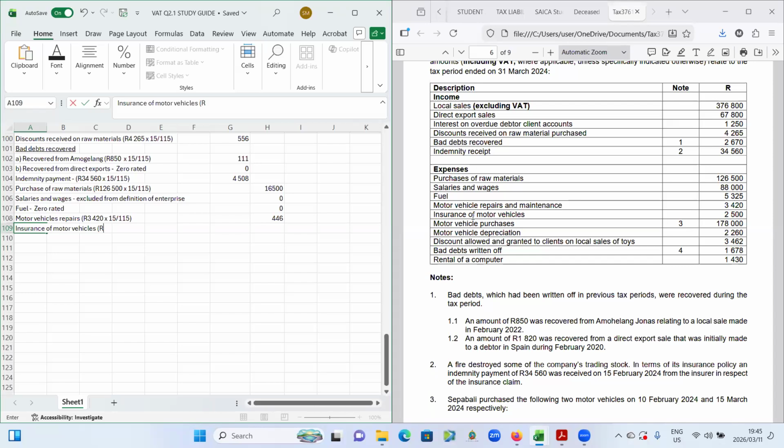Insurance of motor vehicles, the value is how much? 2,500 multiplied by 15 over 115. How much is the amount? 326.